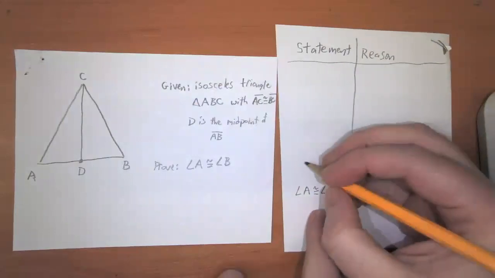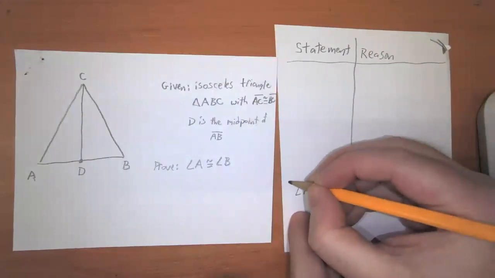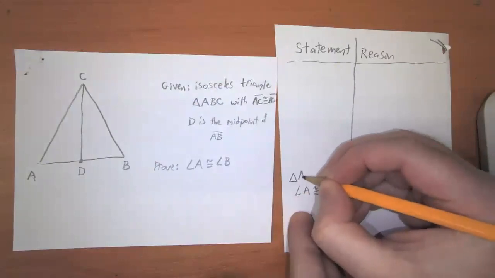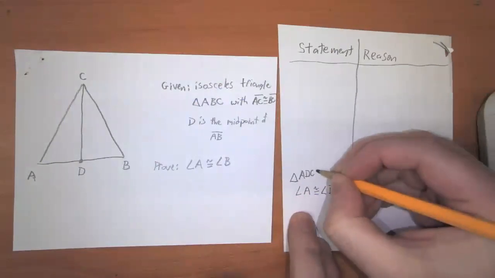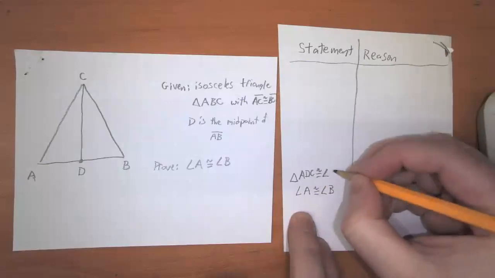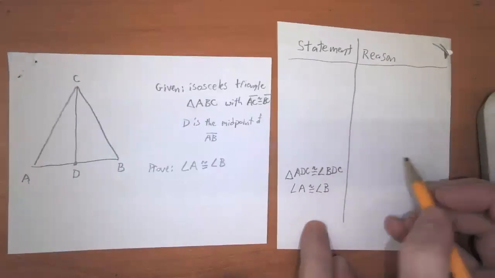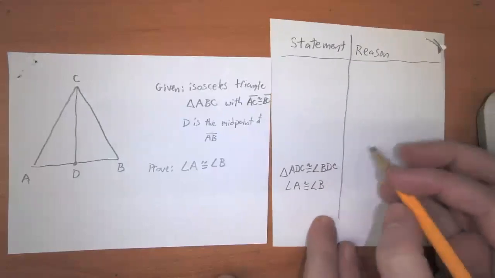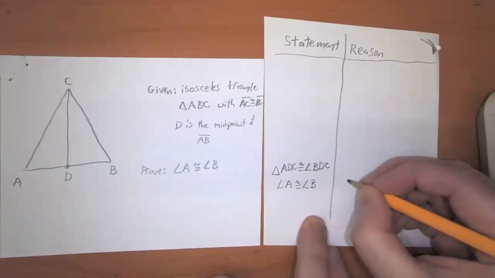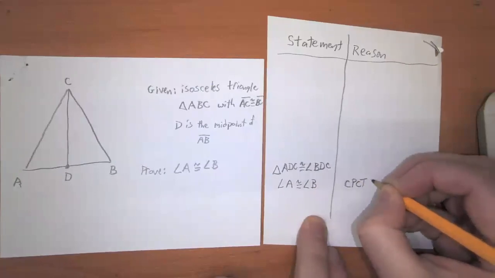If the second to last line of my proof is proving that triangle ADC is congruent to triangle BDC, then angle A would be congruent to angle B because of CPCTC.